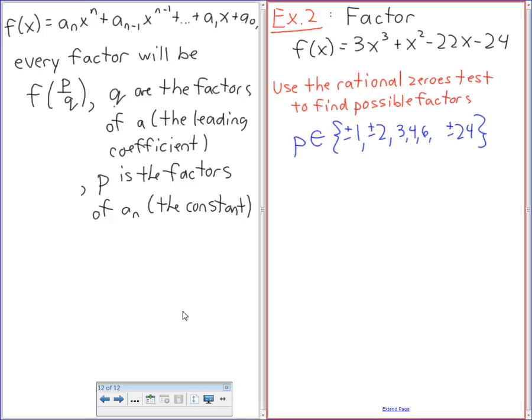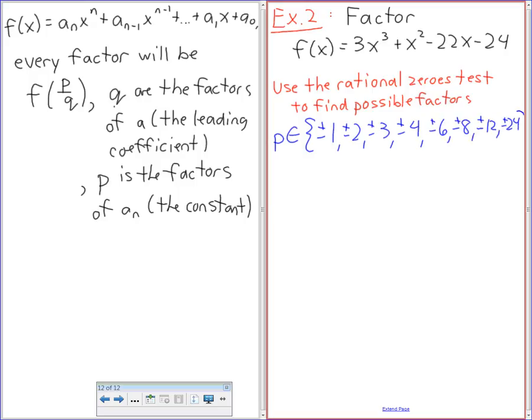Oh my goodness, I need a bigger board then. Now you have to put plus or minus. Probably you should do it inside.